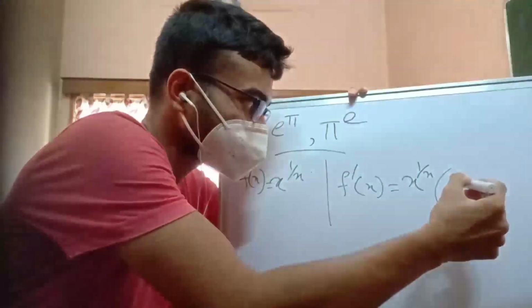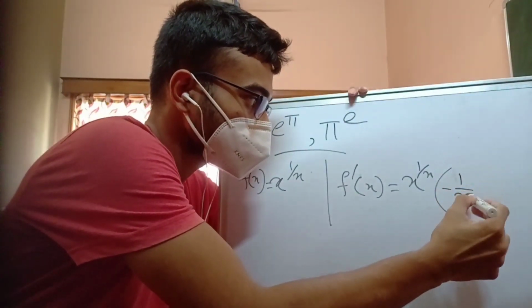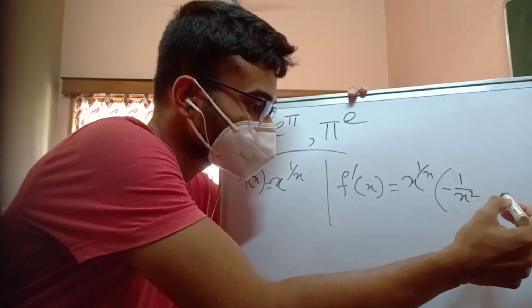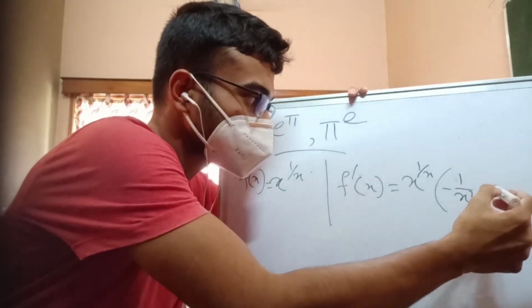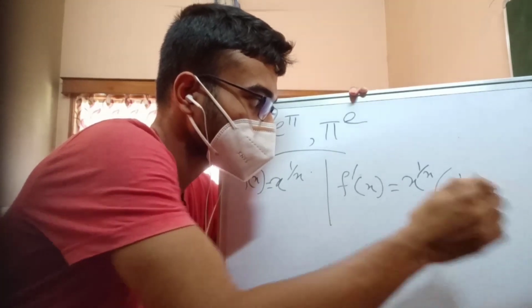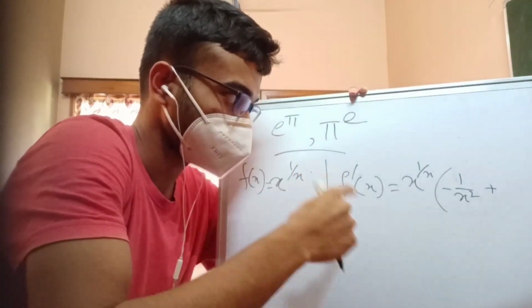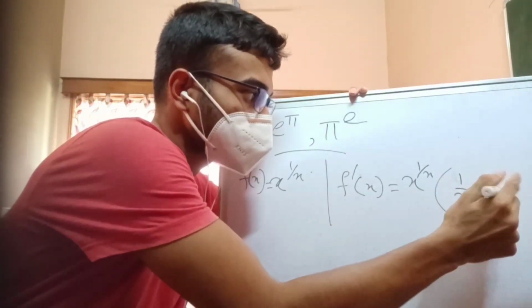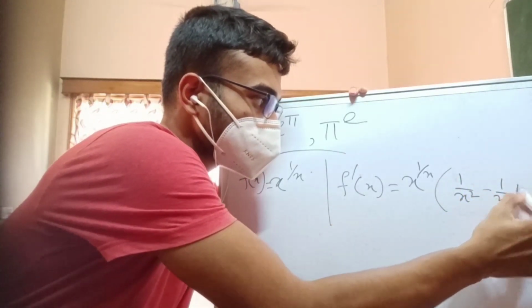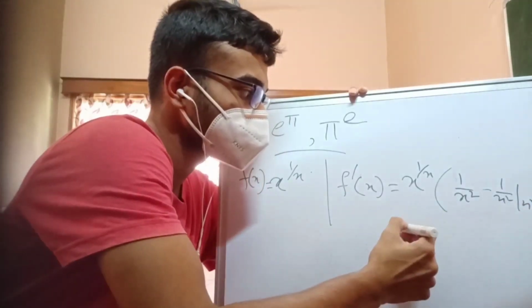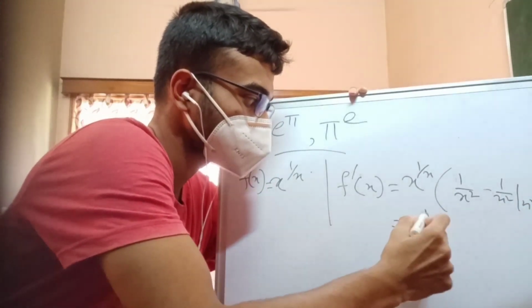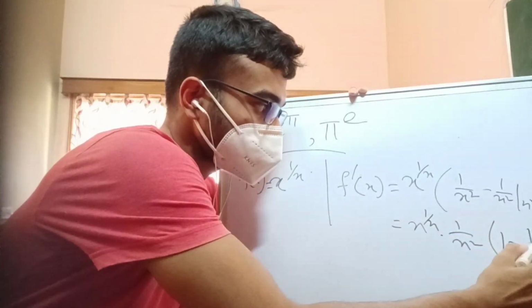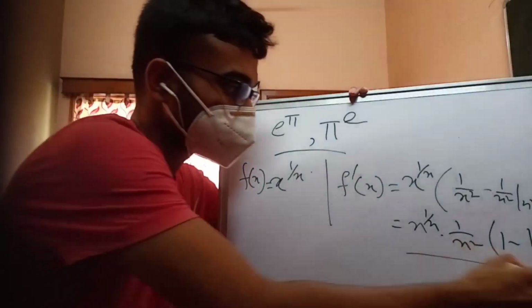Once again, we have 1 over x squared minus 1 over x squared ln x, and you take out the factor 1 over x squared, giving 1 minus ln x.